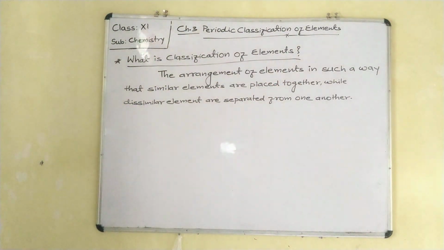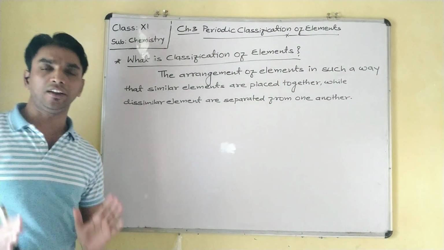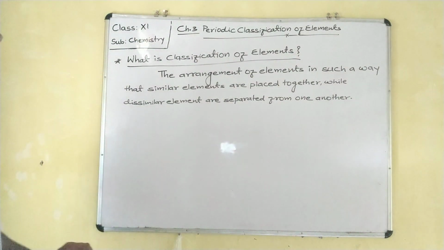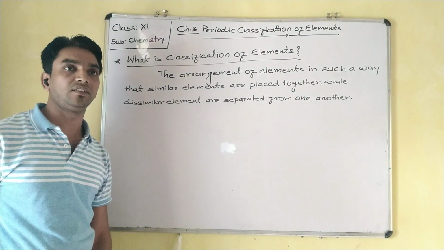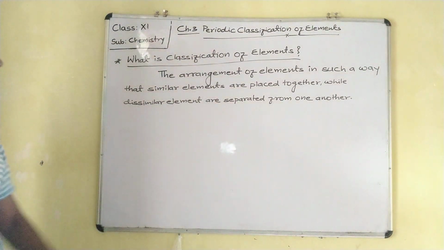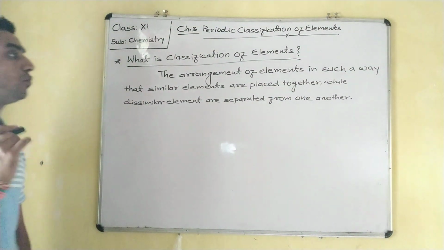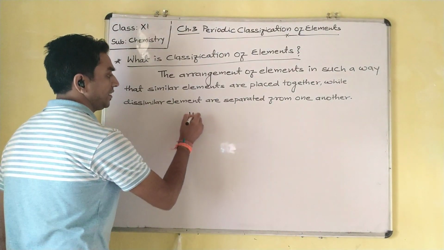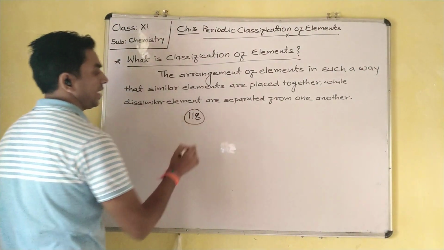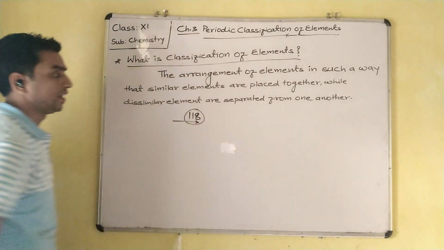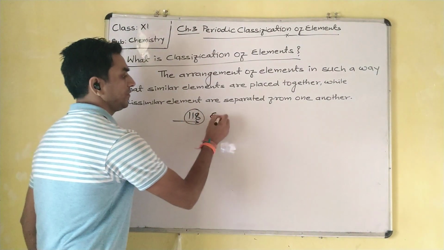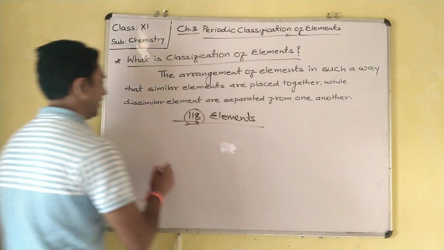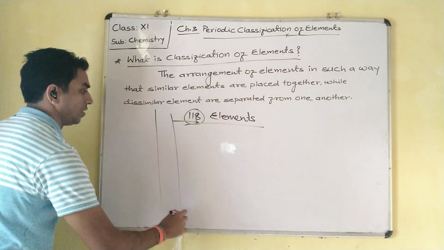The arrangement of elements in such a way that similar elements are placed together while dissimilar elements are separated from one another. For example, there are 118 elements and all 118 elements are placed in 18 vertical columns.